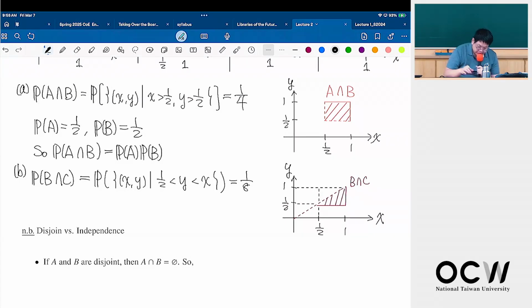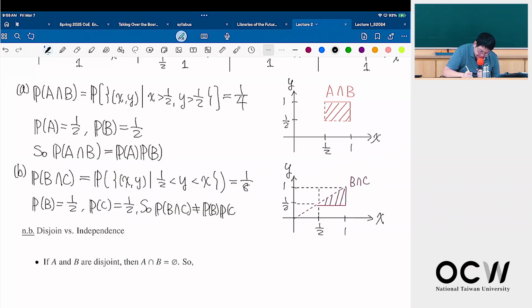And then the probability of B and probability of C are 1/2. So the probability of B intersect C is not equal to probability of B times probability of C, which means not independent.